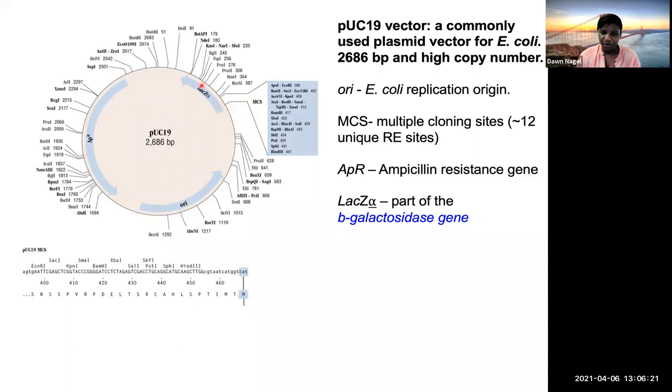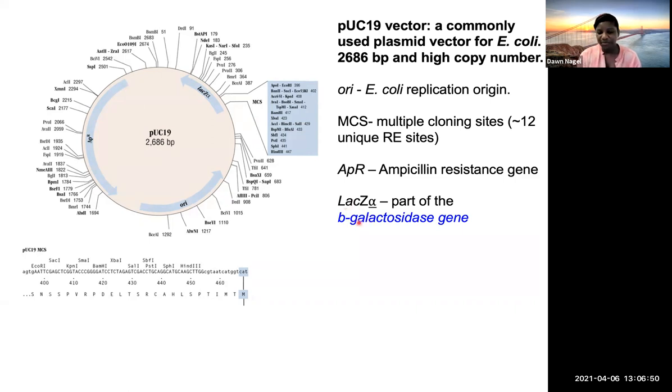So the screening marker present within this vector is a beta-galactosidase gene. Beta-galactosidase is a gene that's present in bacteria, and it's also used in other species for many different things, for example as a reporter in yeast experiments.